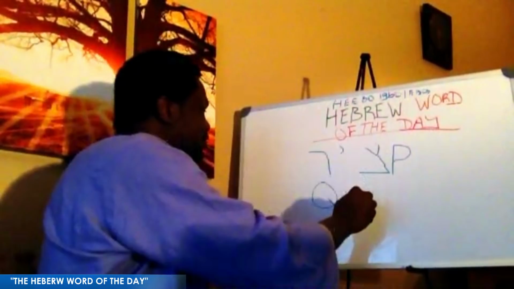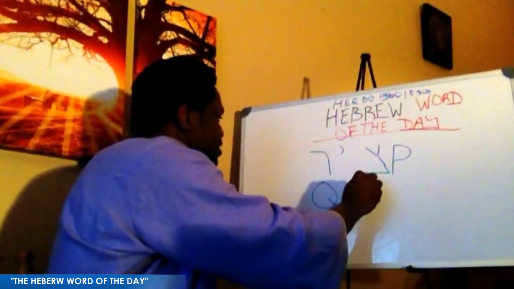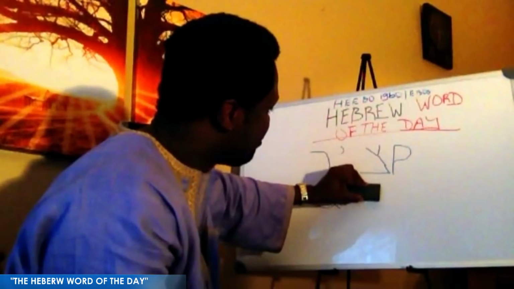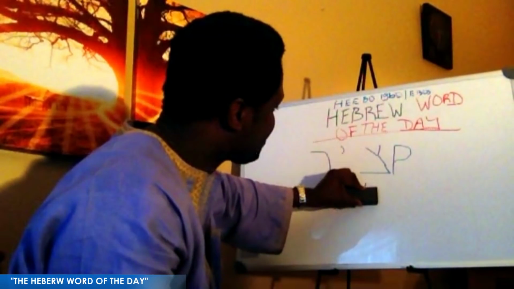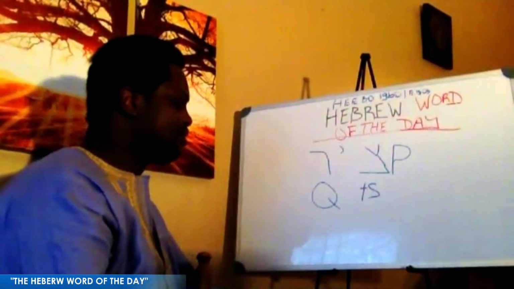And then this gives you the sadi, which gives you the T and the Z sound, or sometimes the T and the S sound. Tsad.